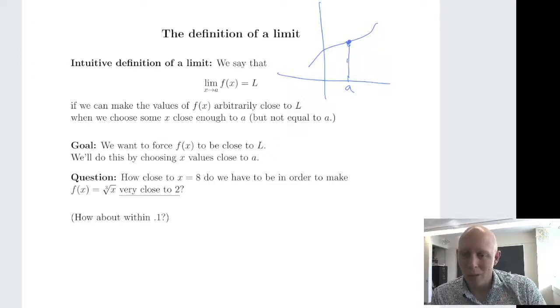We're going to get to a mathematically precise definition in a little bit, but right now we'd like to be able to say, what does it mean for the function to have a limit at a point?